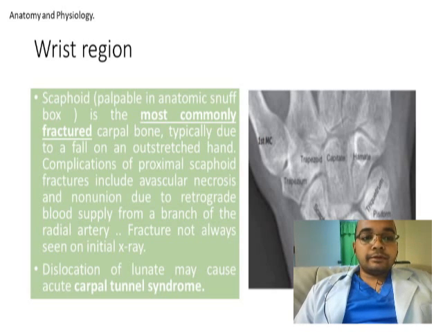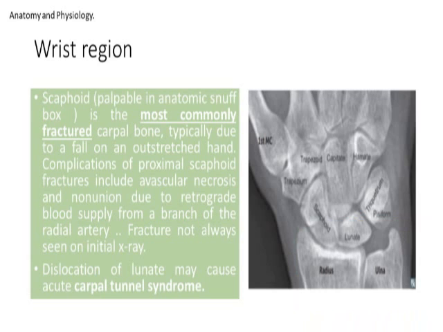It's very important to know about the scaphoid. It can fracture when we fall with an outstretched hand, and it produces avascular necrosis and nonunion of that bone.